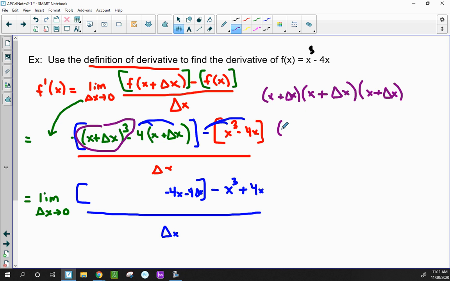And looking at it, I'm going to bring my first binomial down. And you'll have to do FOIL twice, kind of looking ahead, you'll have to do like this, x squared. Outside is x times delta x. Inside, also, same answer. And then last will be delta x times itself.